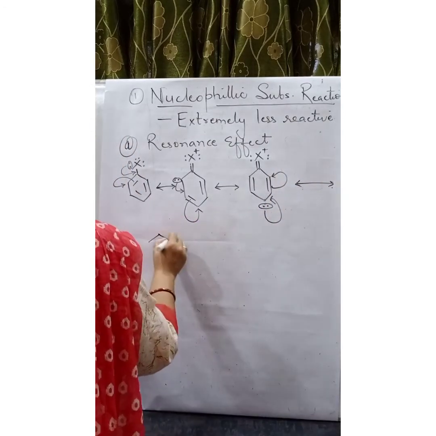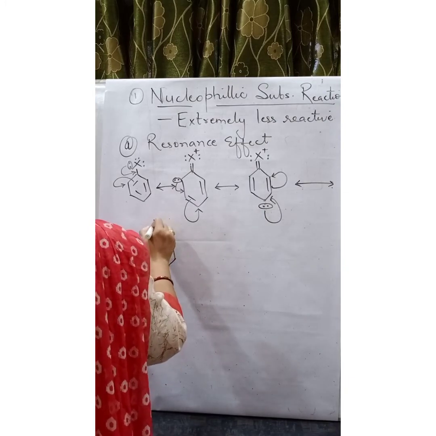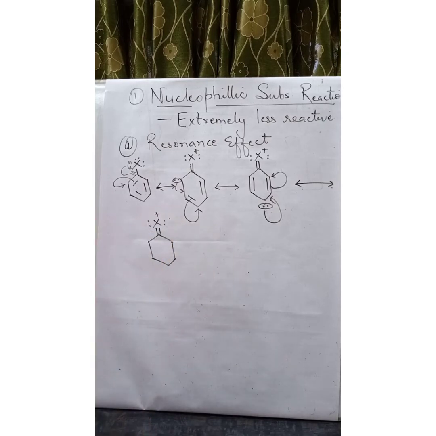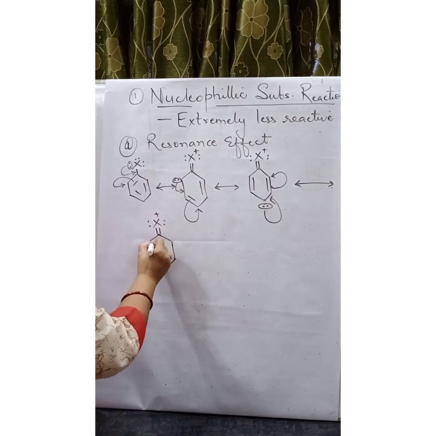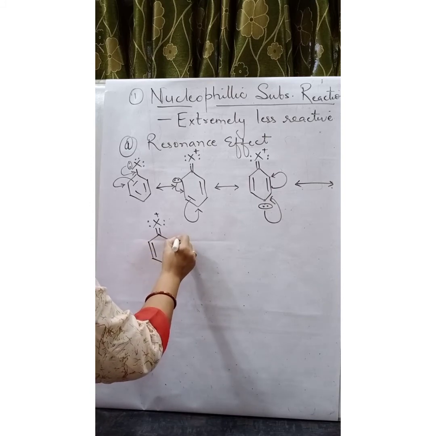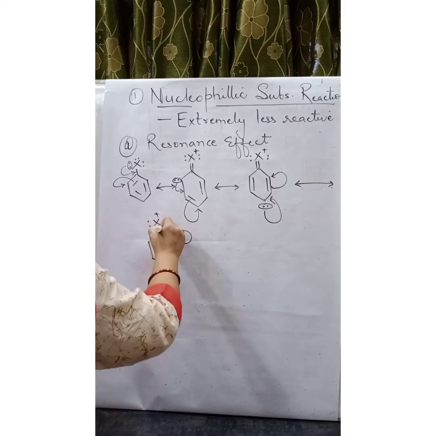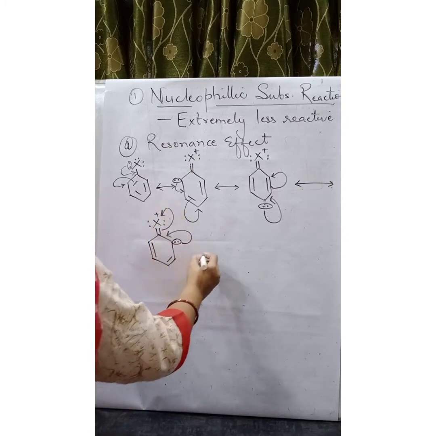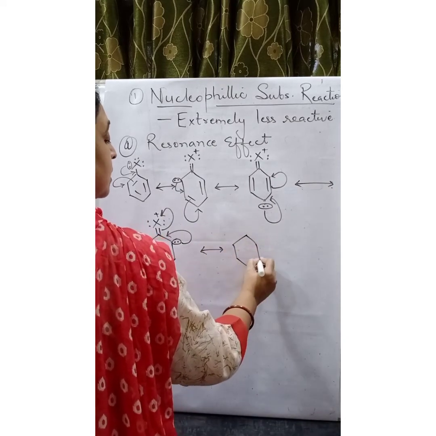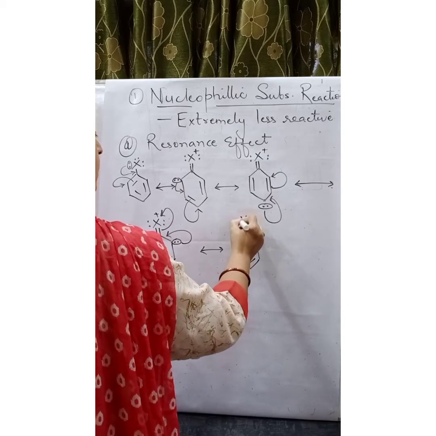So we are having X plus 2 pairs of non-bonding electrons. Now the bond gets formed here and the lone pair on this side. Now again it goes on to form a bond and this bond breaks to form a lone pair. So we return back to our normal structure.